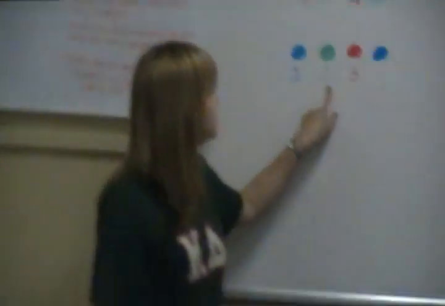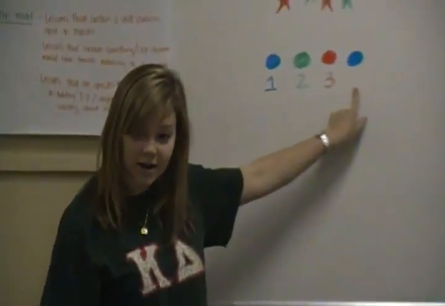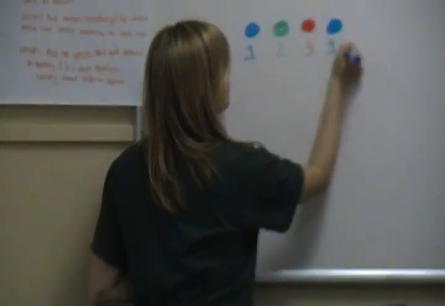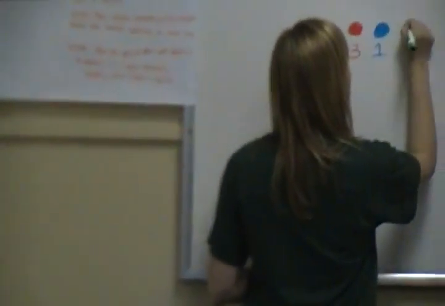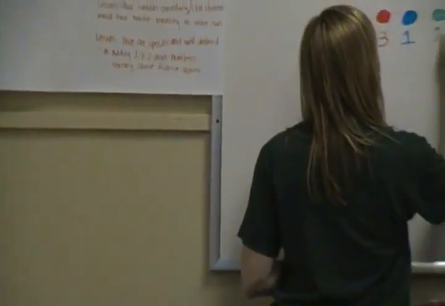So if we have gone through number 1, number 2, and number 3, we're going to go back to number 1, right? Then what comes next? What's number 2? Green. Right. And then what would come next? Red.